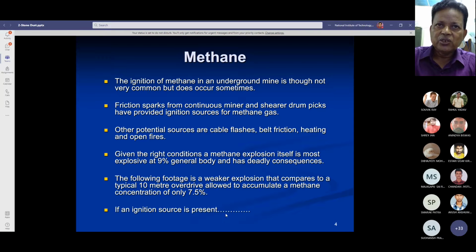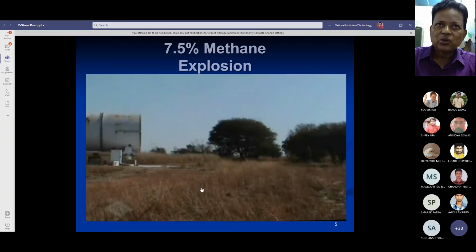If an ignition source is present, there would be an explosion in the mines.